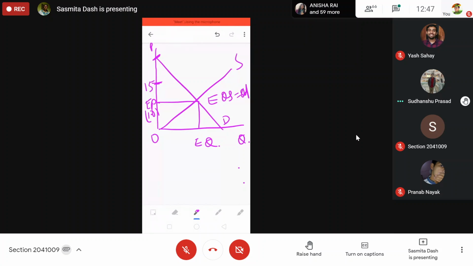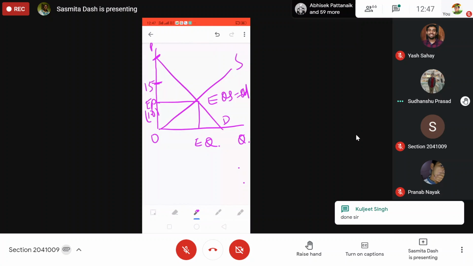So the person whose willingness to pay is 15 rupees is ready to buy the product even at 10 rupees. So consumer surplus is 5 rupees.